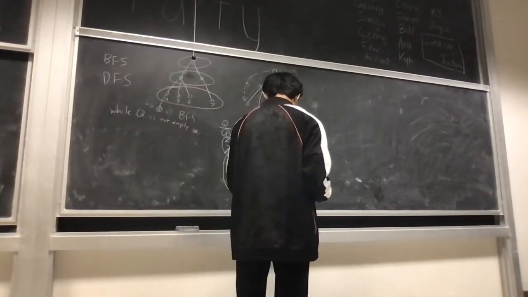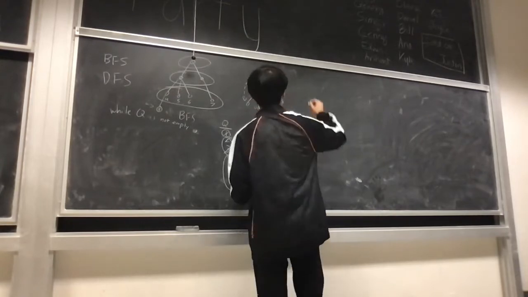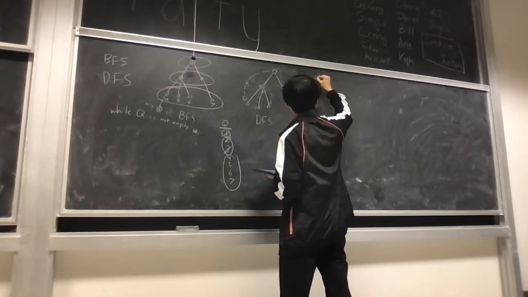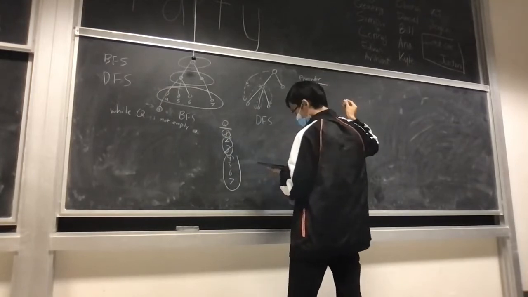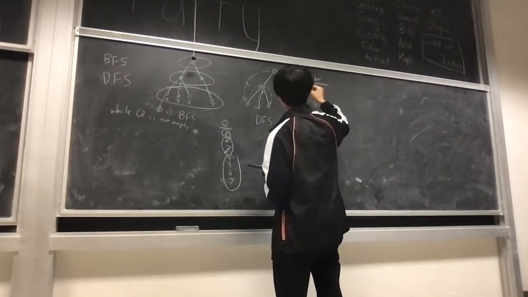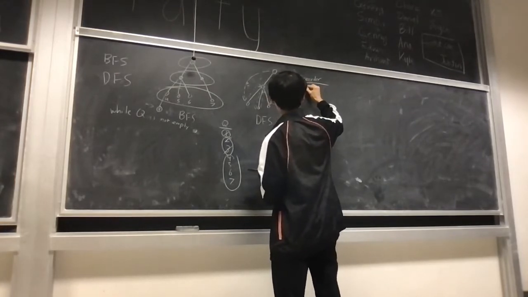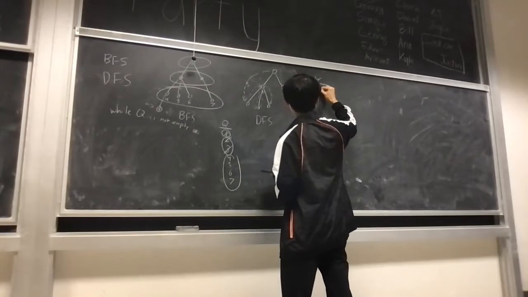So first we have pre-order, and pre-order, as you can see from the slides, we have current, left, and right.